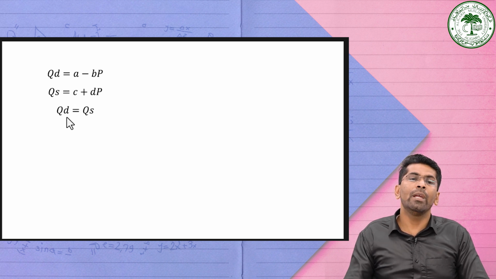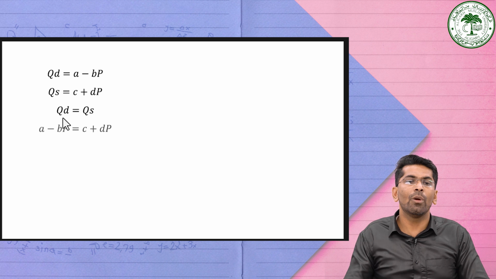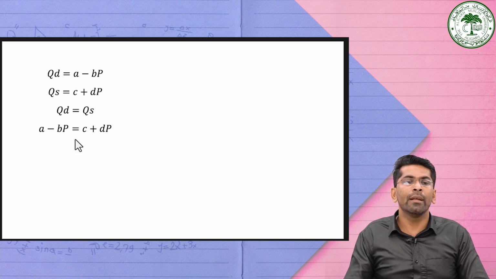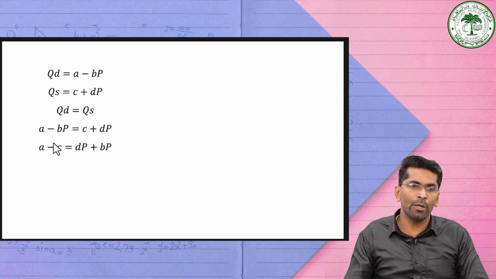In equilibrium, quantity demanded is equal to quantity supplied. So we are going to equate these terms: quantity demanded, A minus BP, equals quantity supplied, C plus DP. Now we can isolate the P term on the right side and the constant term on the left side.